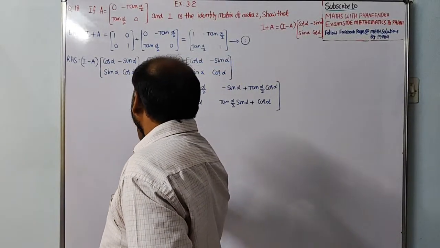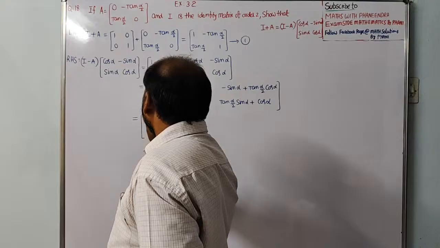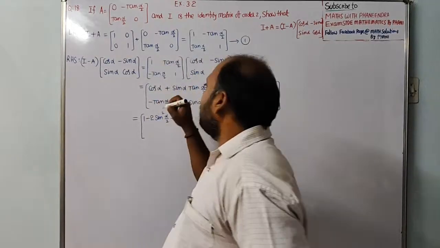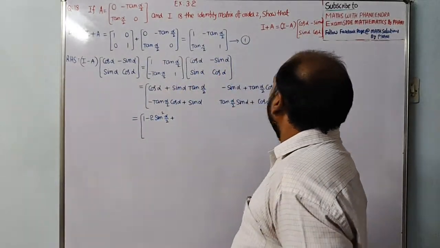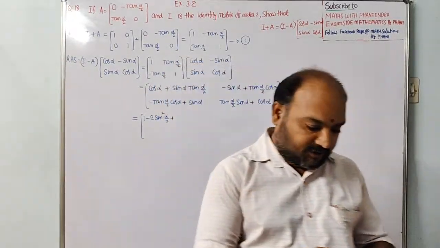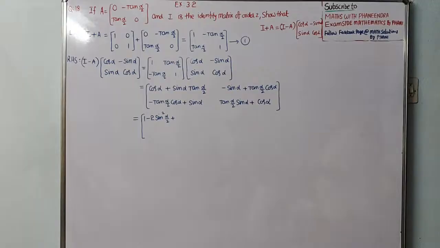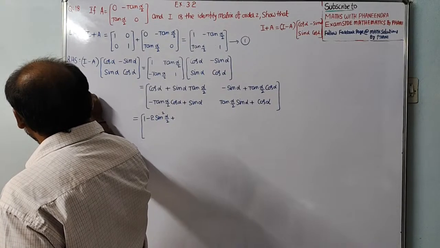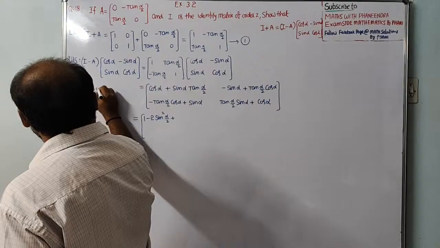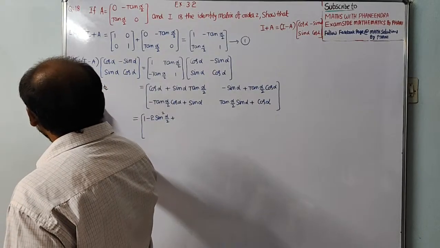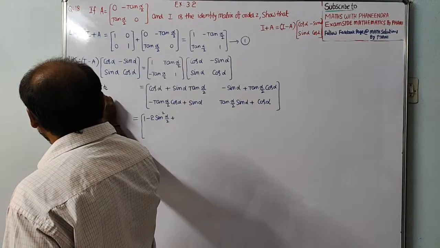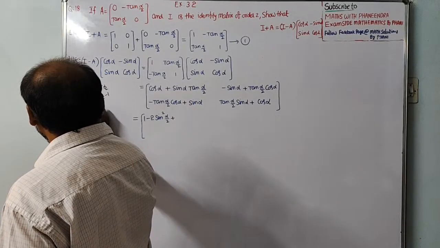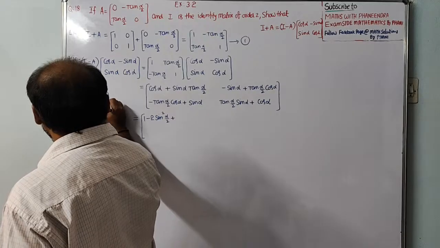Here I am writing for the convenience of students: cos alpha equals 1 minus 2 sine square alpha by 2; cos alpha in terms of cos is 2 cos square alpha by 2 minus 1; sin alpha in terms of half angles is 2 sin alpha by 2 cos alpha by 2.